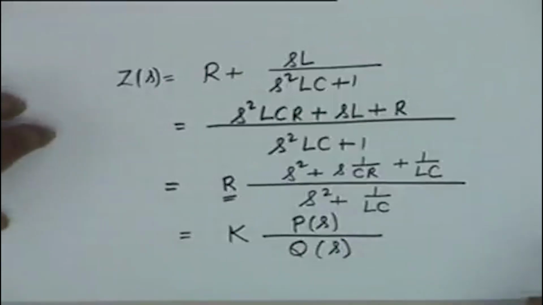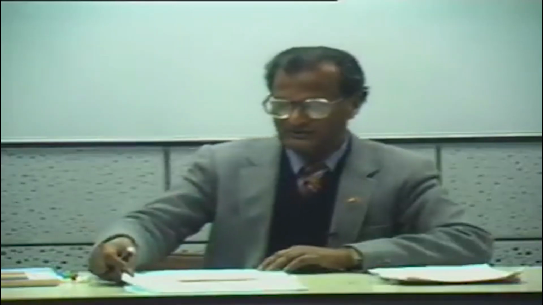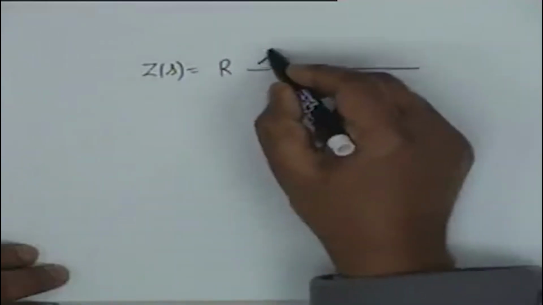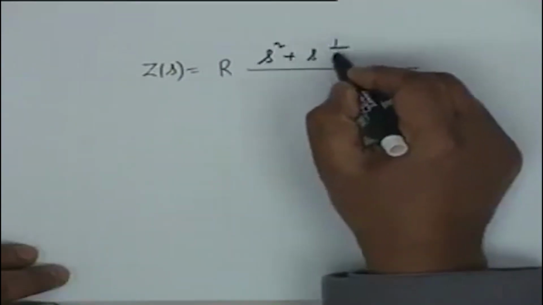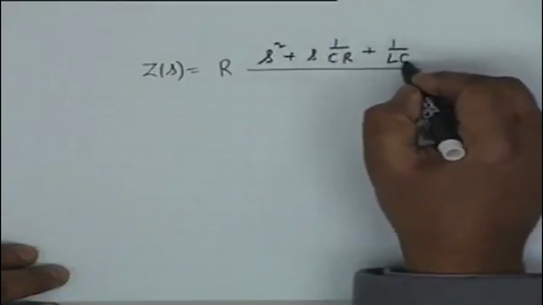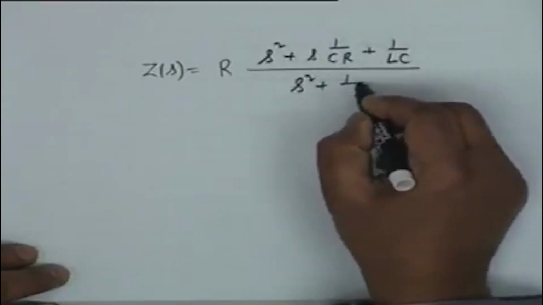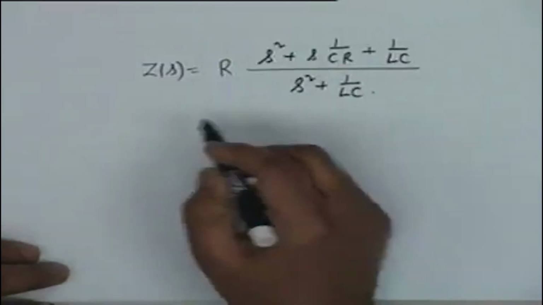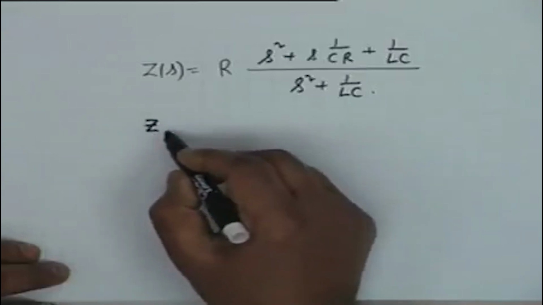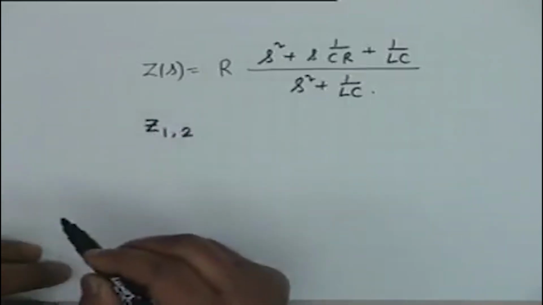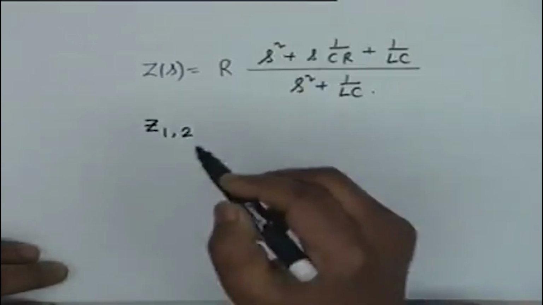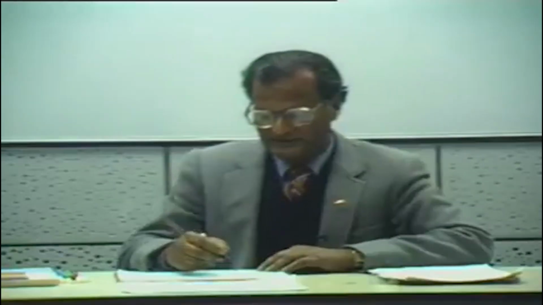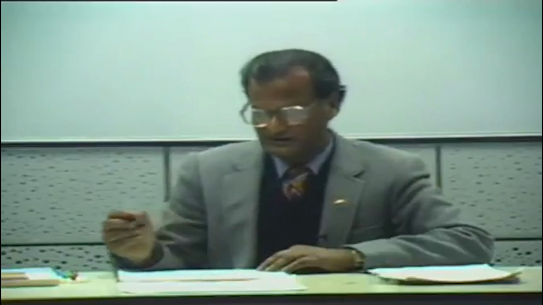Suppose you write this particular rational function Z of S as equal to R times (S squared plus S by CR plus 1 over LC) divided by (S squared plus 1 over LC). You notice the numerator roots, if I call them z1 and z2, small z, which I denote by a z with a slash in the middle. This is how I distinguish between cap Z and small z.